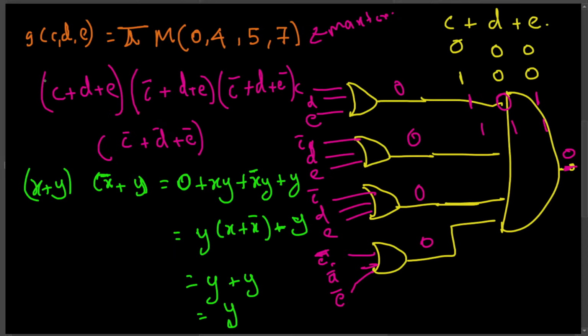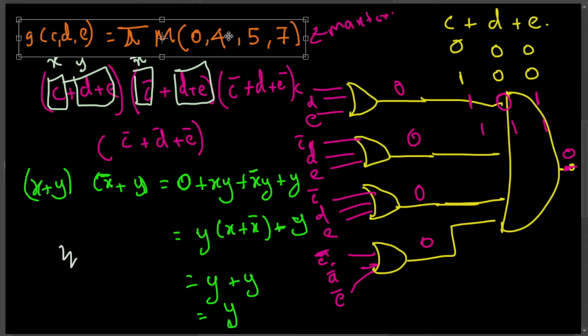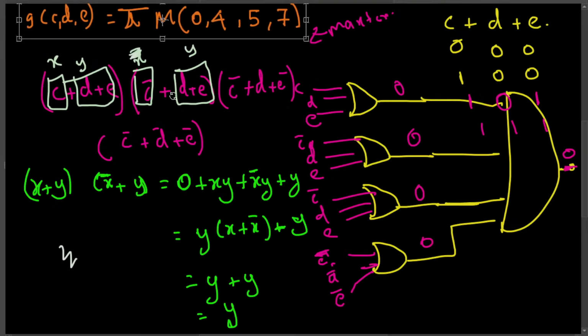So if I take this one here as an x, this one here as an x prime, this one as y, and this one also as y here, so this one is x prime, this one is x prime, this one is y.